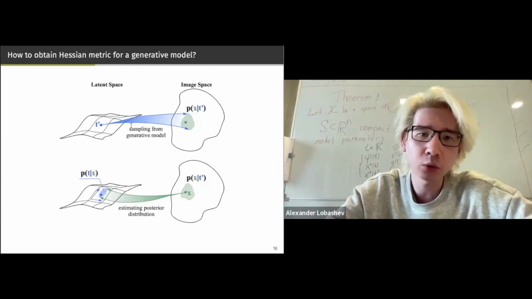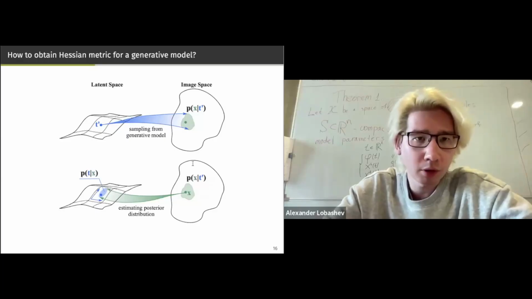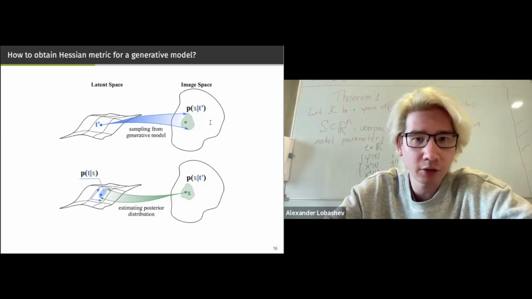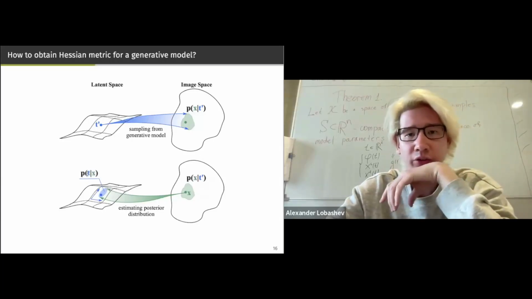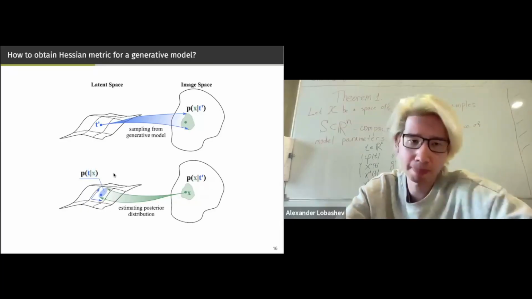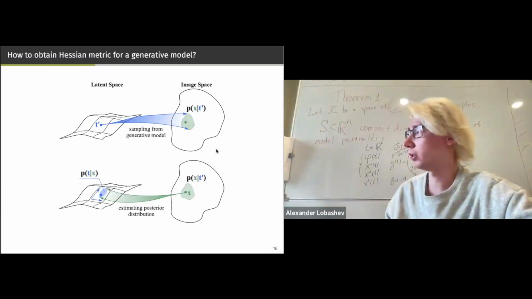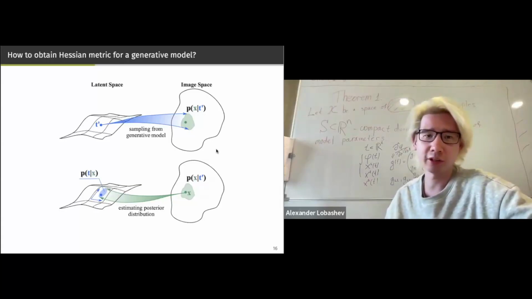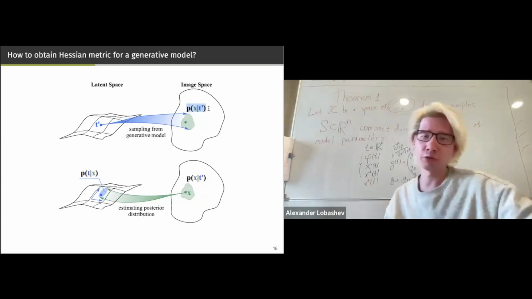But how to actually estimate a Riemannian metric? In the case of a stochastic generative model, we could ask whether we can estimate parameters based on images. And this is similar to thermodynamics. This is similar to measuring a temperature. So we have a temperature, and we have some distribution of microstates.